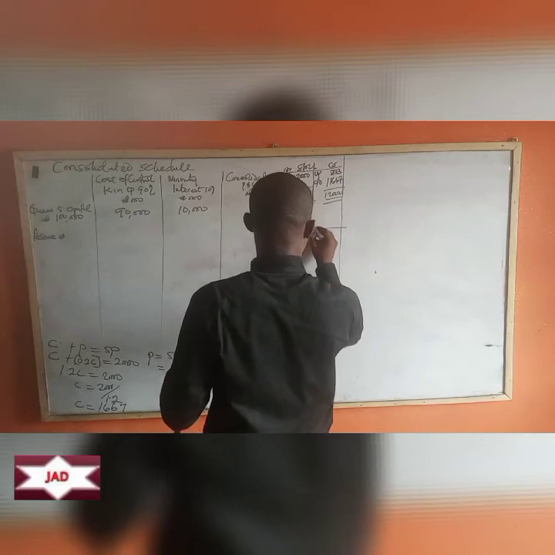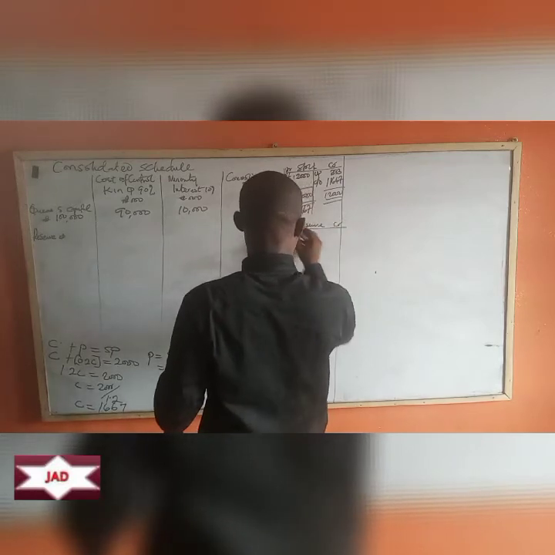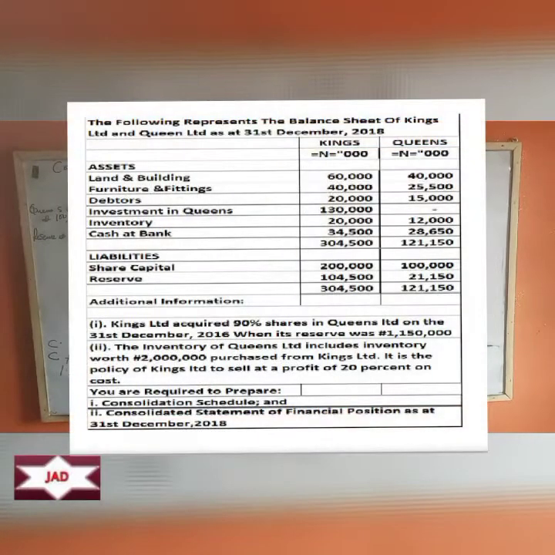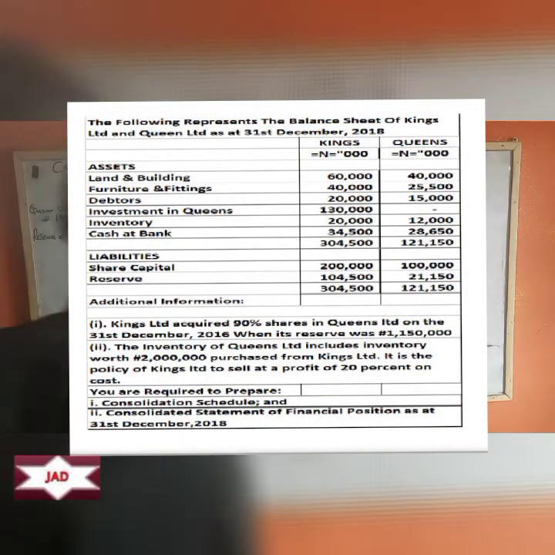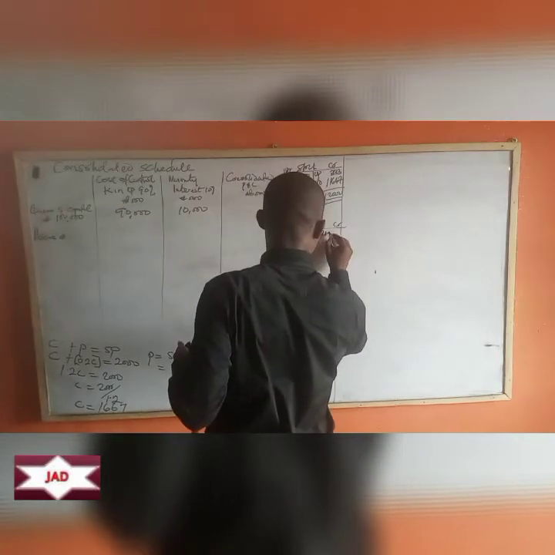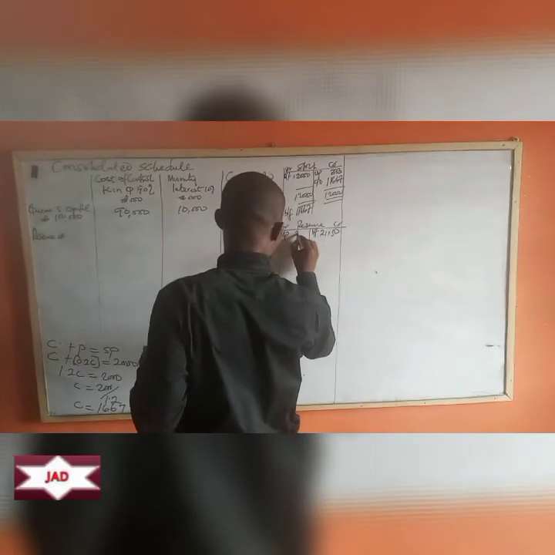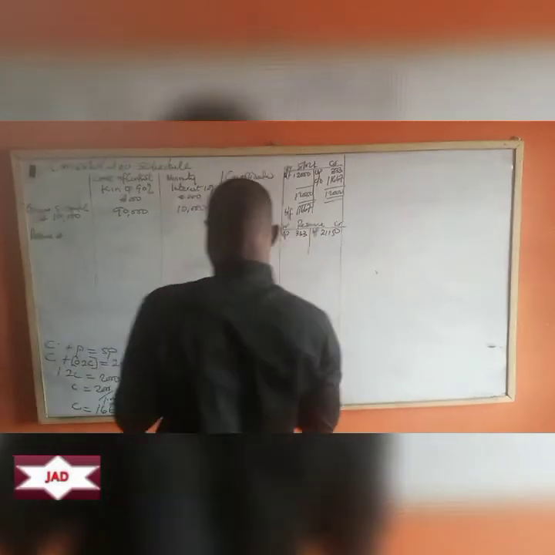So our reserve too. Let's go. What's the balance brought forward? According to the question, our reserve is what? 21,150. So let's adjust the unrealized profit 333. Can you see that?